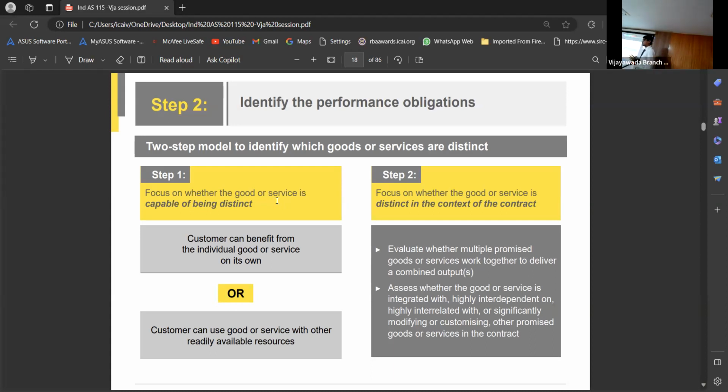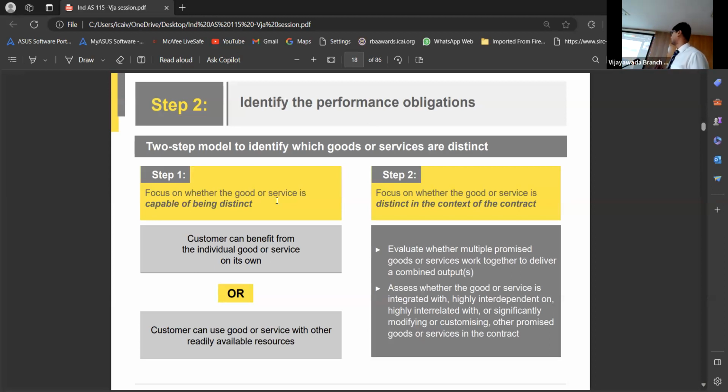The second important concept, which we did not discuss, is how it is distinct in the context of the contract. Only if both conditions are satisfied will it become a performance obligation. We'll spend time on the second step. The first step we already know; we already discussed enough examples on step one. Just remember, both steps are important to call it a distinct good or service. Both steps automatically also make it a performance obligation. So it's the same, no difference.